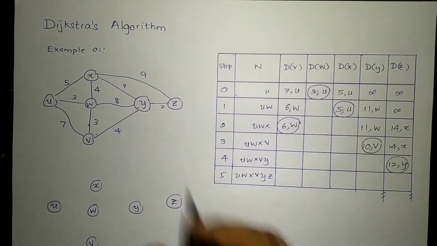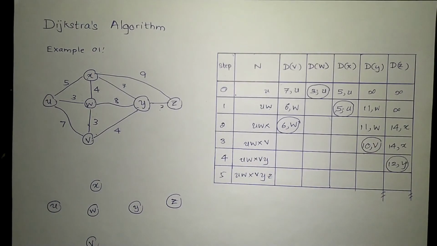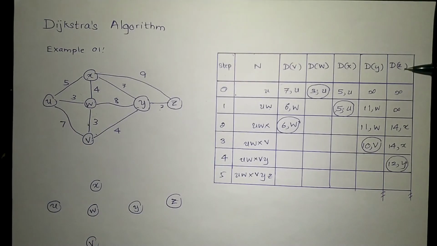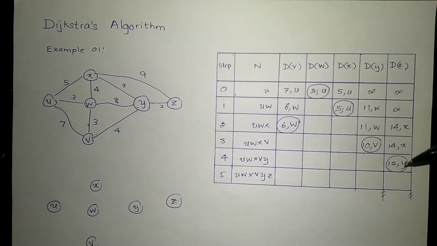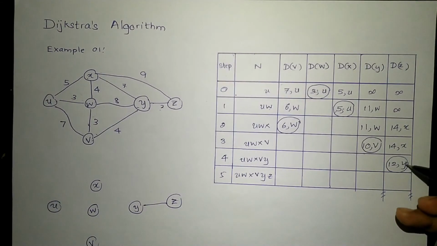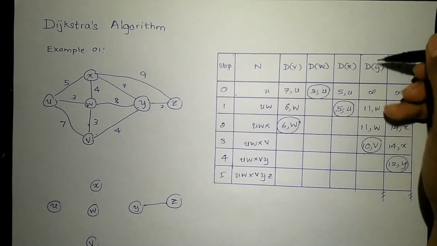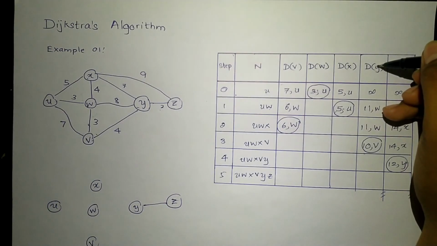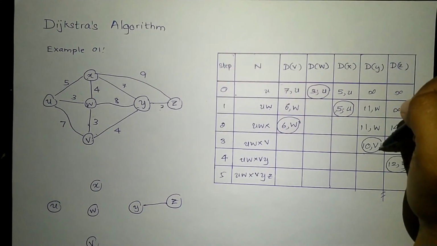From this table, we have to consider which column has gone far. So this column has gone far, so we go to this z value and combine this z value with this value, so zy. From this value we go to the head of the column. Here y is directed to v.